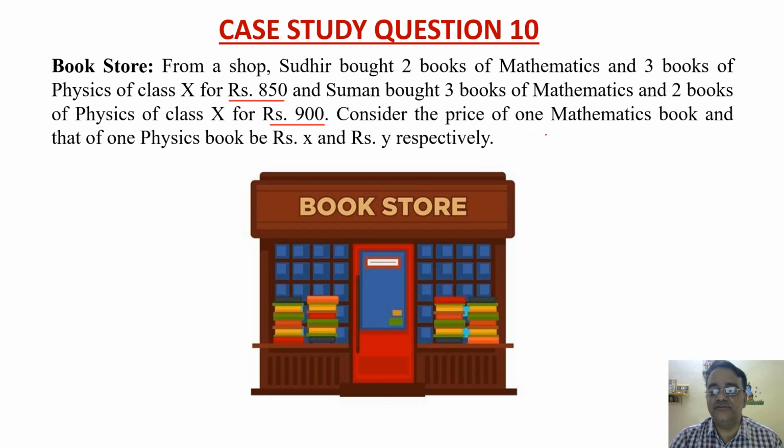Consider the price of one mathematics book and that of one physics book to be rupees x and rupees y respectively. So here we can form the linear equations. Let's take x for maths and y for physics. So what is the first equation we get? 2x plus 3y equals 850. Second equation: 3x plus 2y equals 900, right?